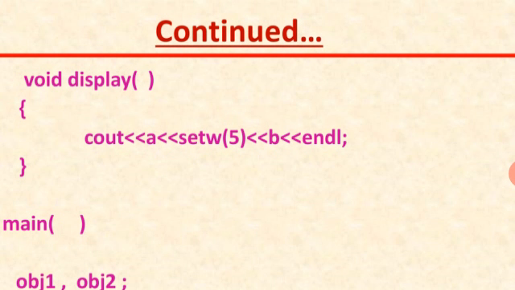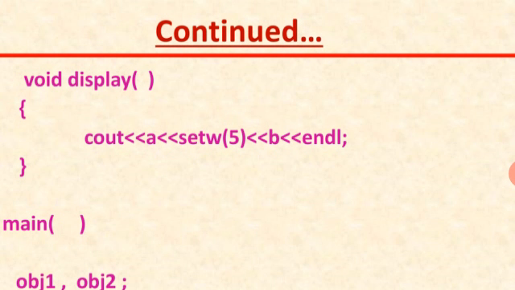Now I have used one important function, that is setw. Setw gives the horizontal space between the two values. This function is defined in the iomanip.h header file.